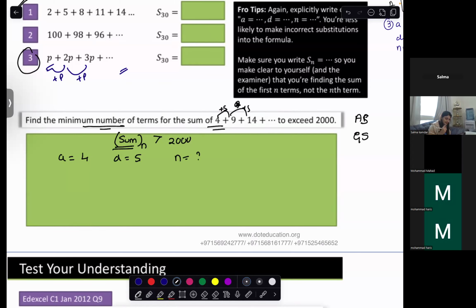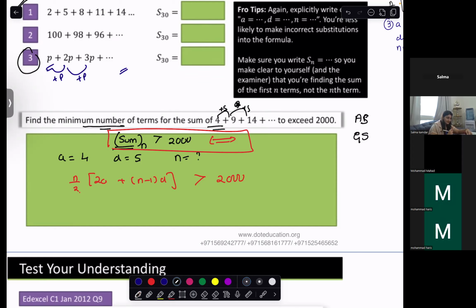Then I write the formula for my sum. This is my condition, the one that I am working on. So it's n by 2, 2a plus n minus 1 times d. It's greater than 2000.